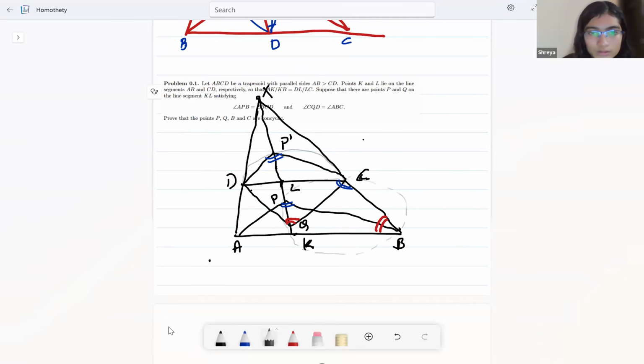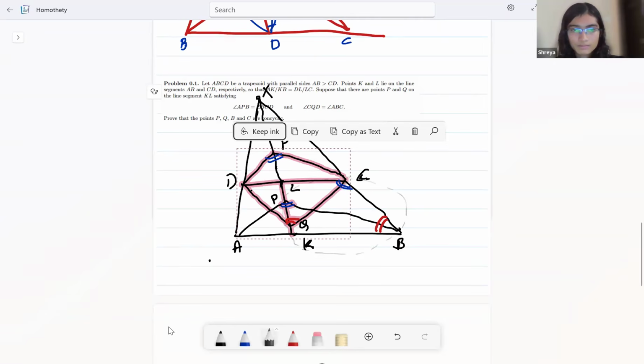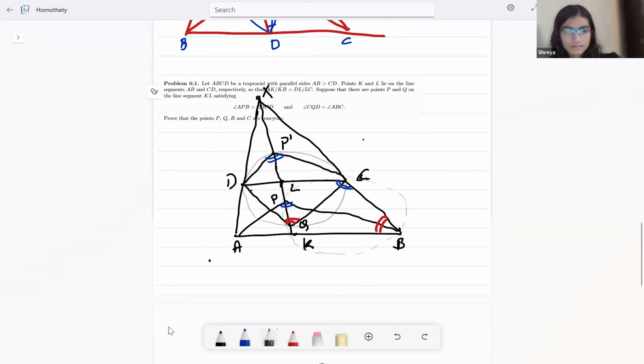Wait, did you want to draw the image of Q? I mean, okay, sure, we can add the image of Q. But then that would be a slightly weird point. So we'll have to look at the image of CD and then get the angle condition.